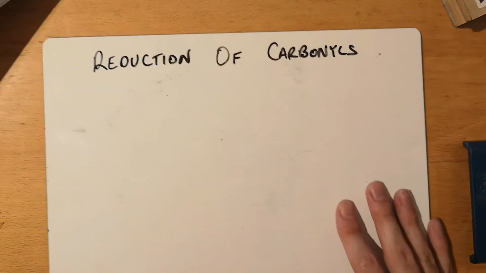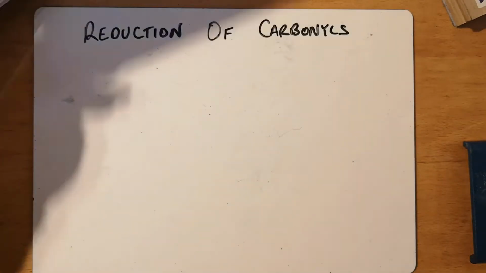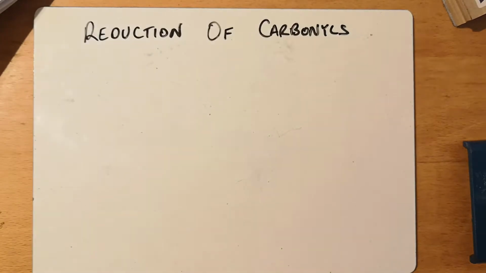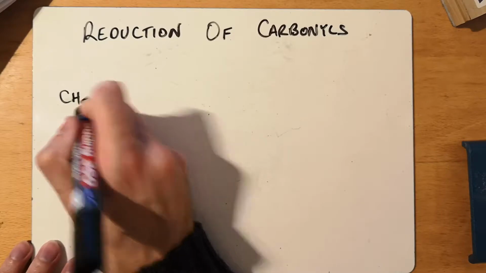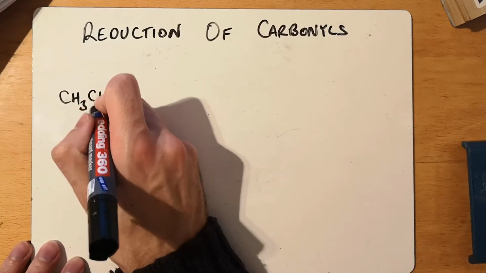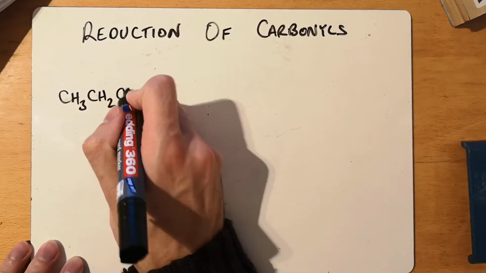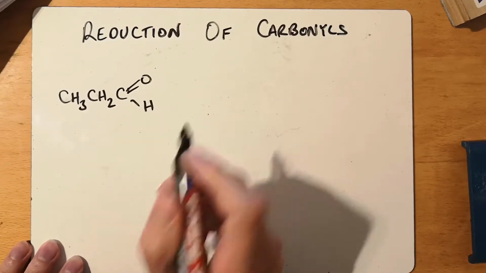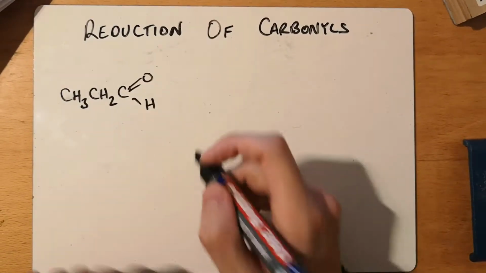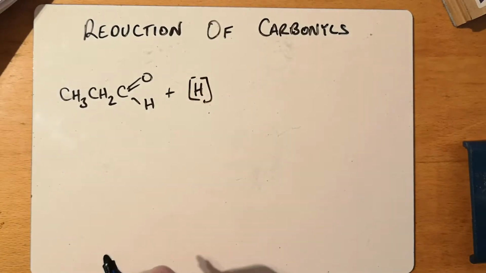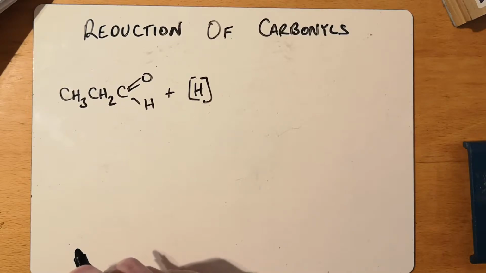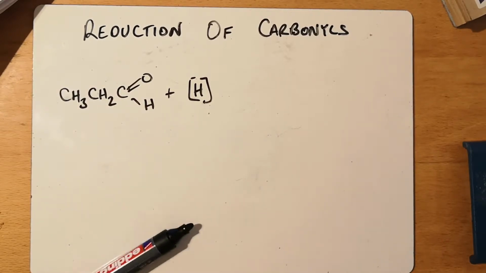Now if we wanted to go the other way, we call this reduction. So this time let's put in my aldehyde, and we're going to reduce this. So I'm going to add a reducing agent, which is represented here by an H in brackets.